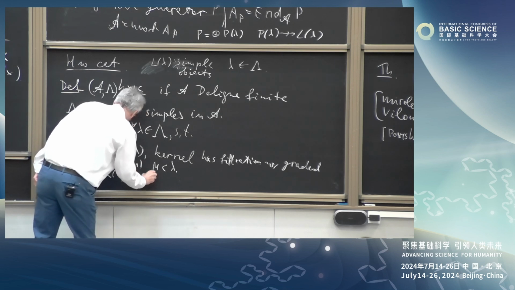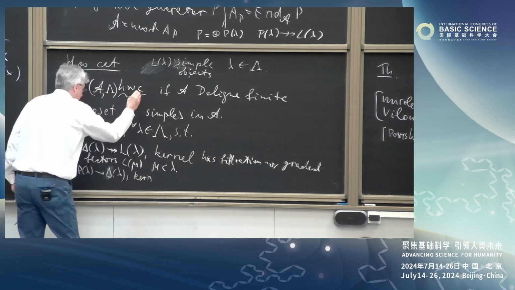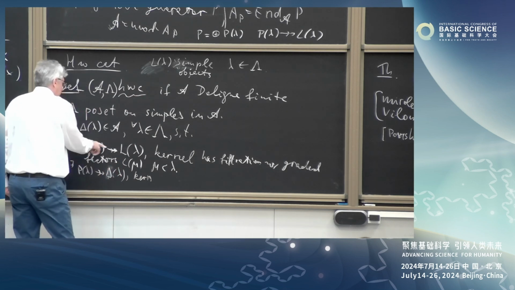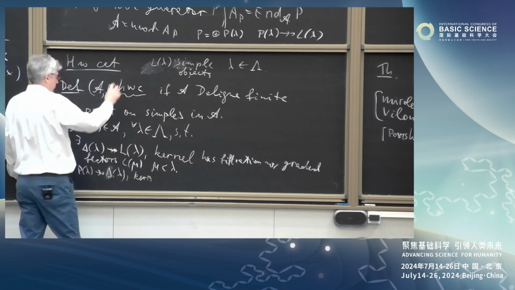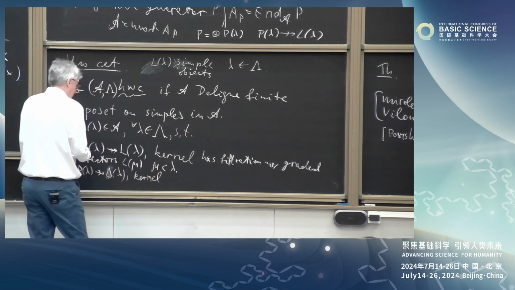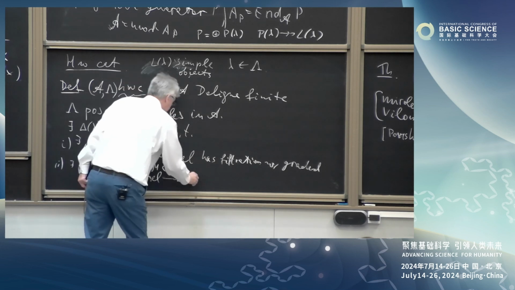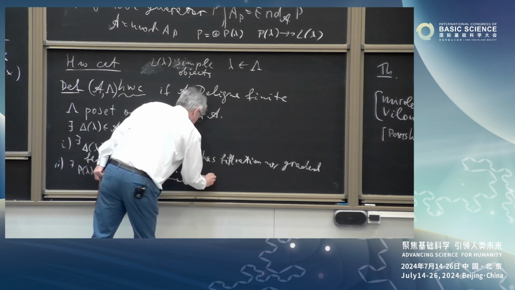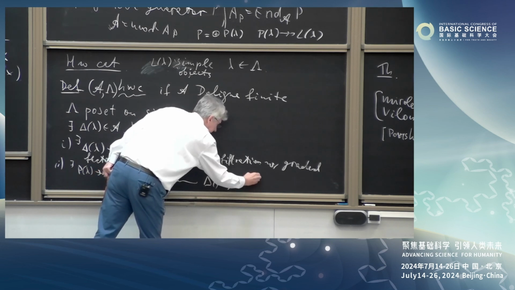Sorry, there exists not this epimorphism but another epimorphism. So P is mapped onto delta of lambda, and delta is mapped onto L of lambda. The composition is that morphism. So the kernel has a filtration with graded factors, but now the graded factors are delta of mu, and mu is greater than lambda.